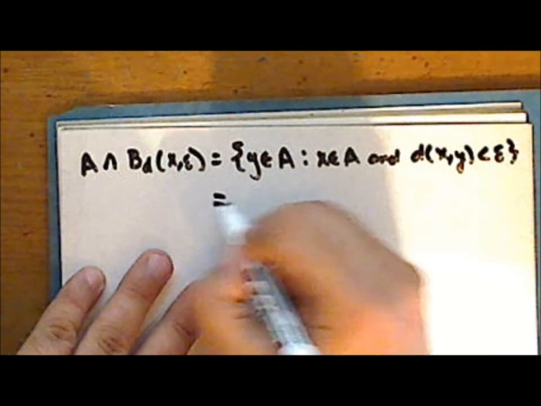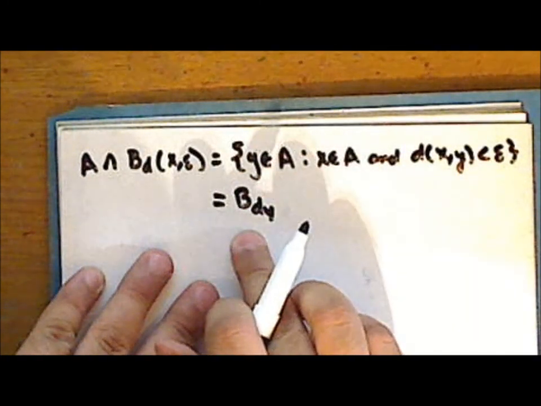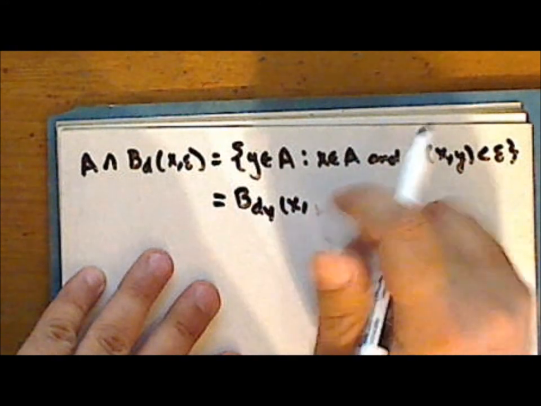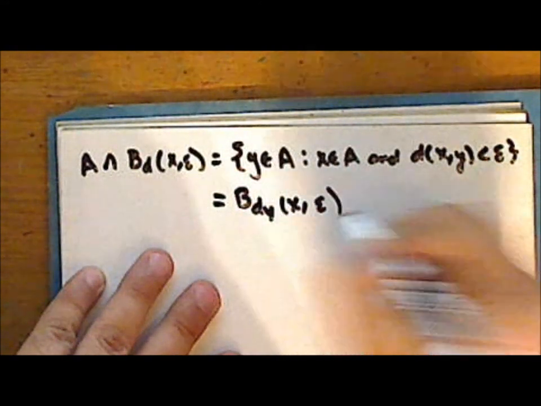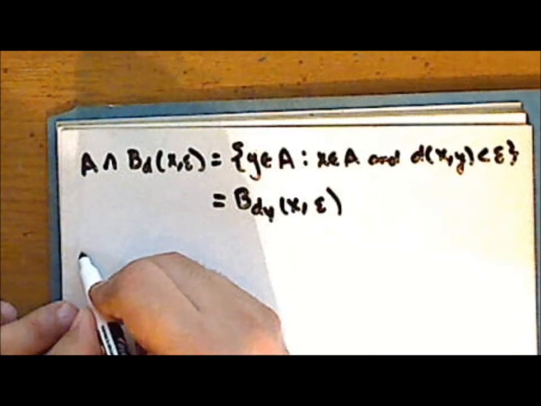And this is the same as the open ball with the restricted metric centered at x with radius epsilon. And so the two are the same.